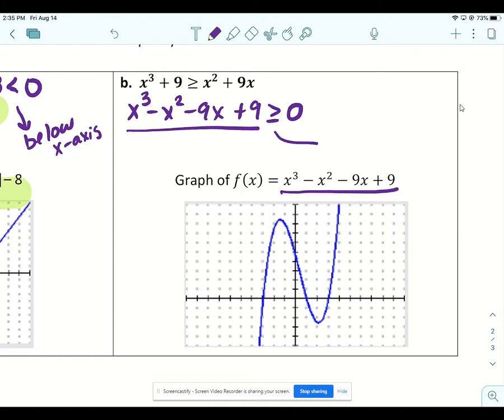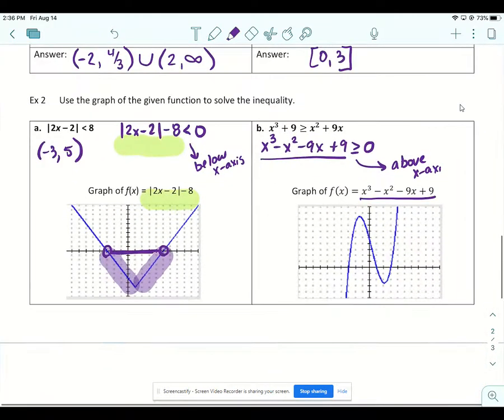All right, this time we're wanting to know when that graph is greater than or equal to 0. So greater than is going to be above the x-axis. So I'm going to go through and I'm going to shade. It's a little too wide. Let me try that again.